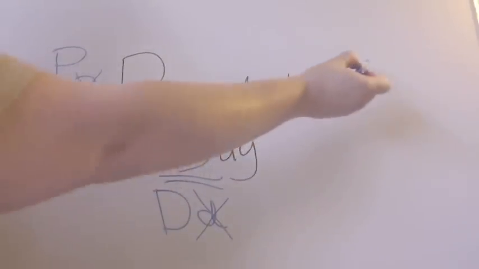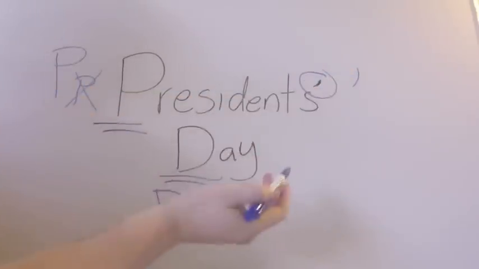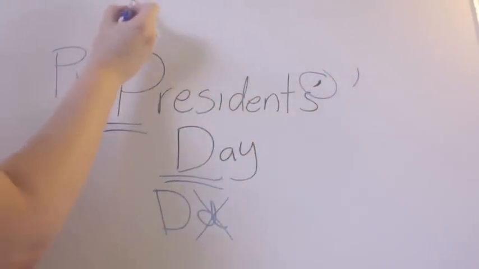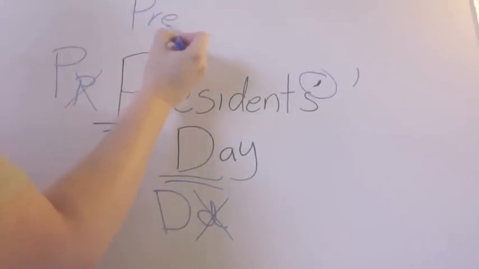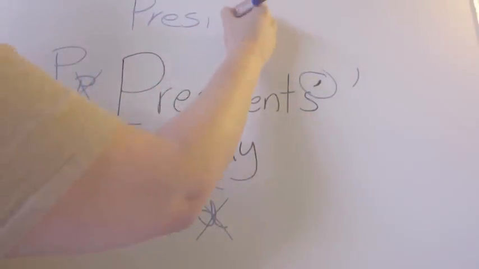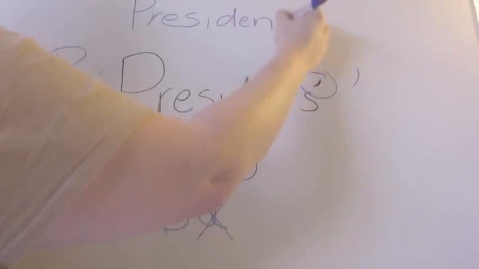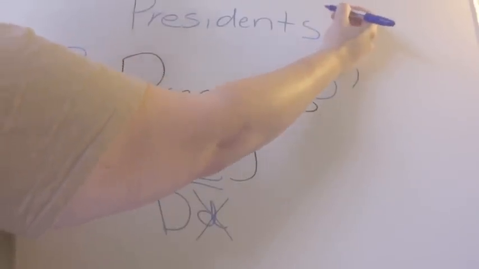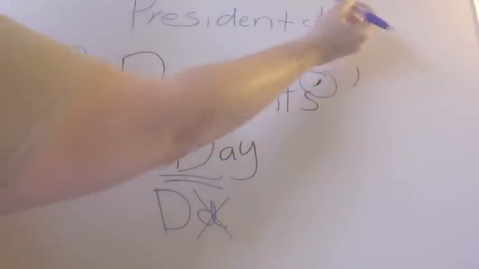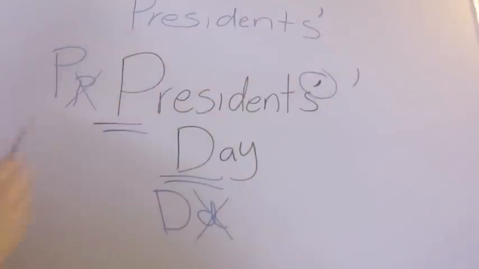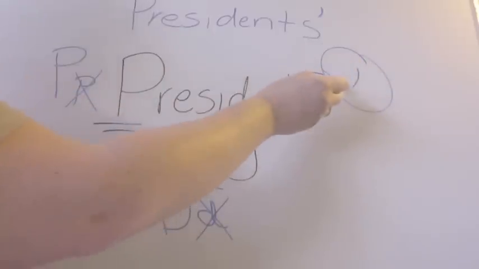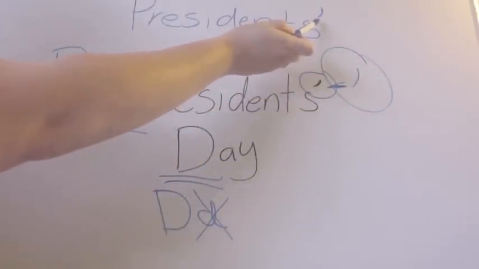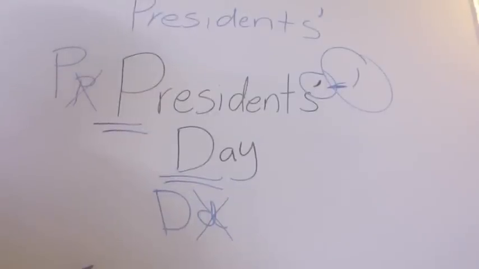And that is this little swipe that goes after the S. So when you write it, it will look like President, and then you write the S, and then you write this after the S. That's very important. If you forget to write this, it will be wrong.